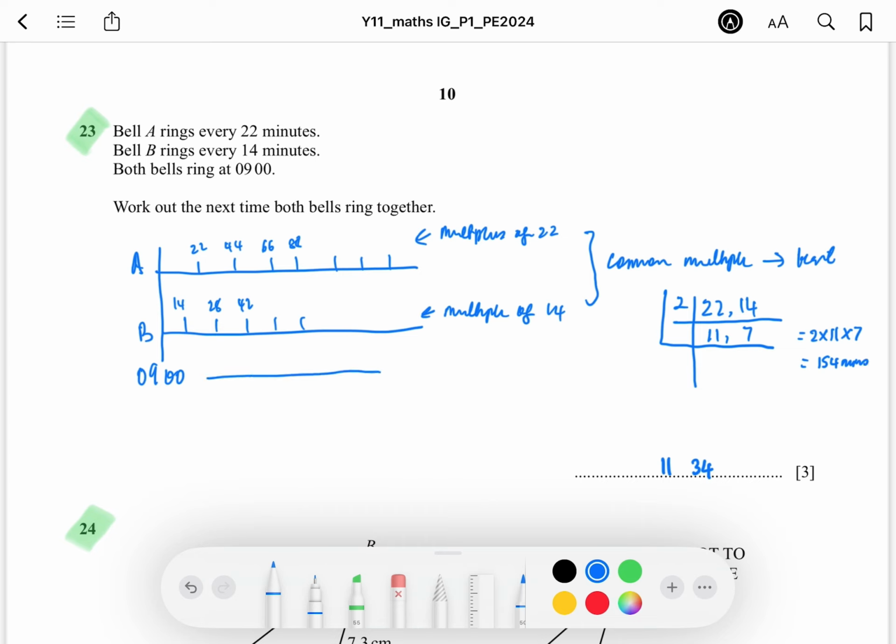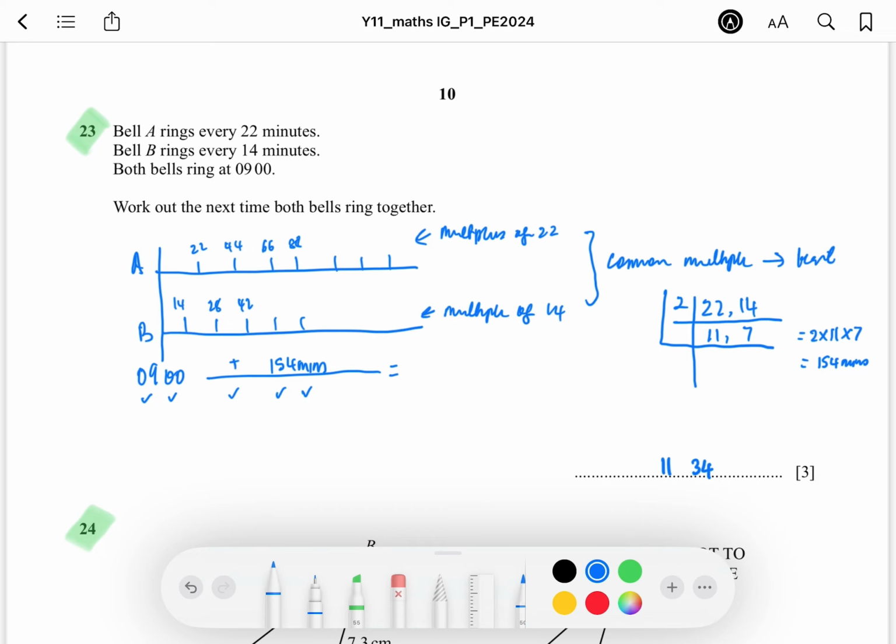That means that's 154 minutes. So you can use your calculator using the time button. 09 time button, 0 time button, plus 0 time button, 154 time button. Okay, because 0 hour 154.